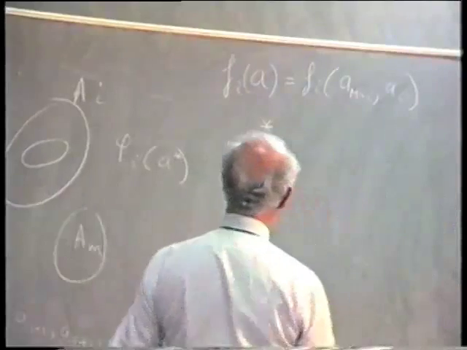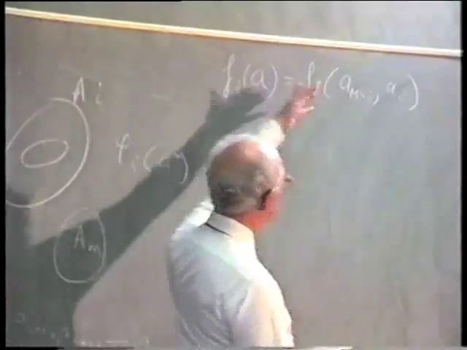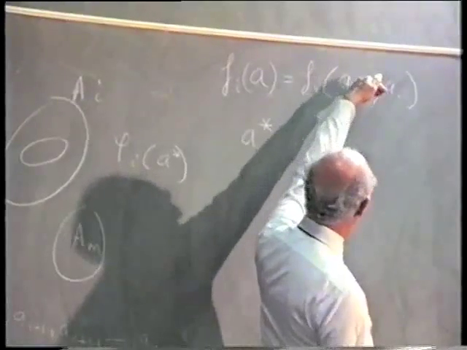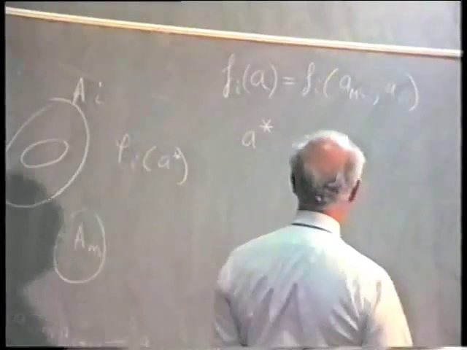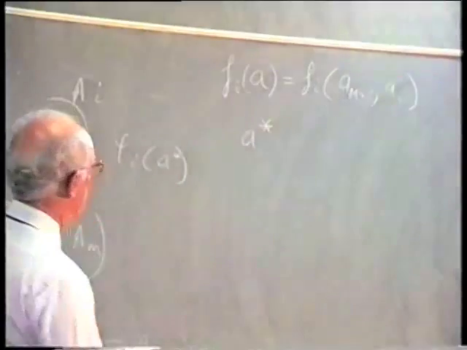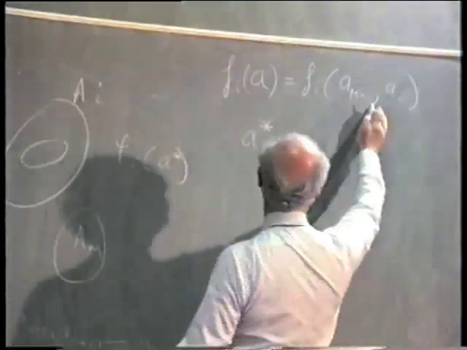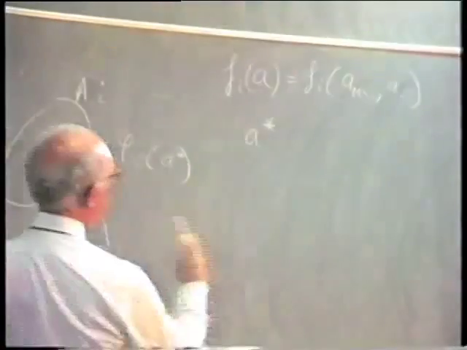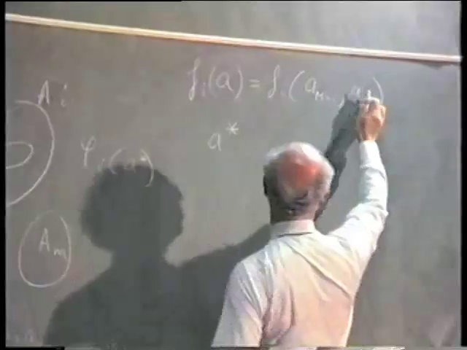That is to say, in the list of all the A's, I have selected here the list of the actions other than the I's and the AI. You have no control over what the other agents do, and therefore on this set phi I of A star you maximize with respect to AI.